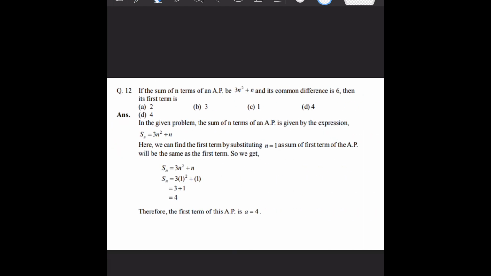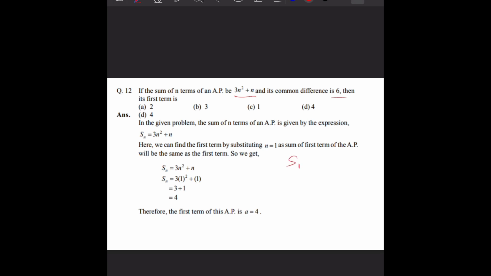Question number 12. If the sum of n terms of an AP be 3n square plus n, and its common difference is 6, then its first term is. As we all know, how do we find out the first term?